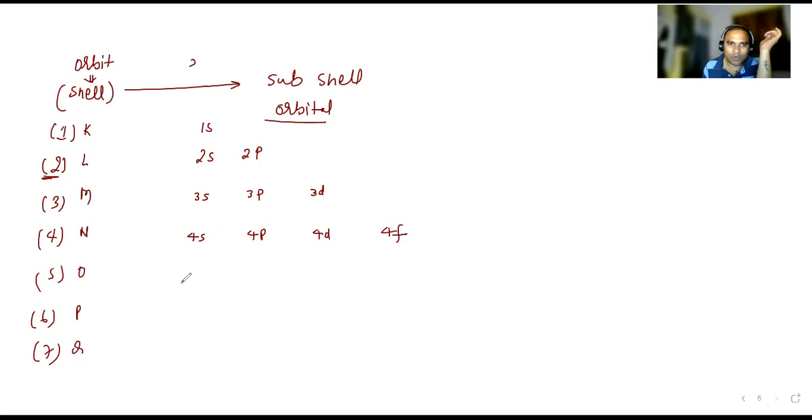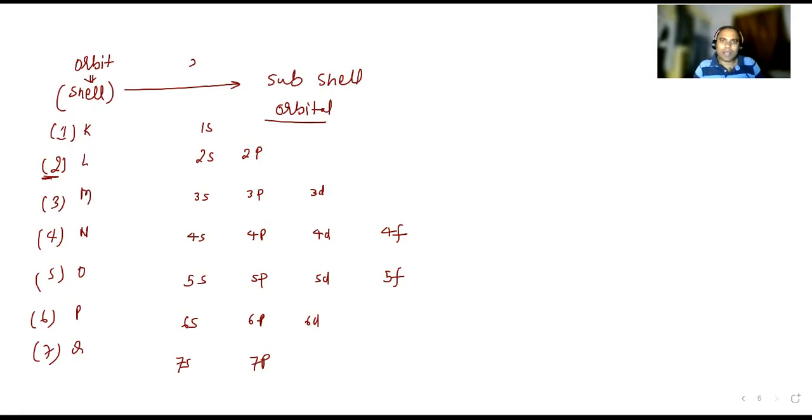Next one, O, this is called 5s, 5p, 5d, 5f. Next one, 6s, 6p, 6d. 7s, 7p. Up to this much is there. That many orbitals exist. Out of this, with the help of this, 118 elements, 118 electrons, can be filled easily.